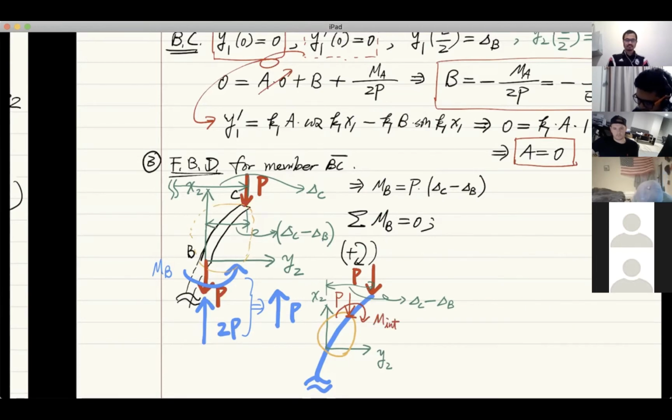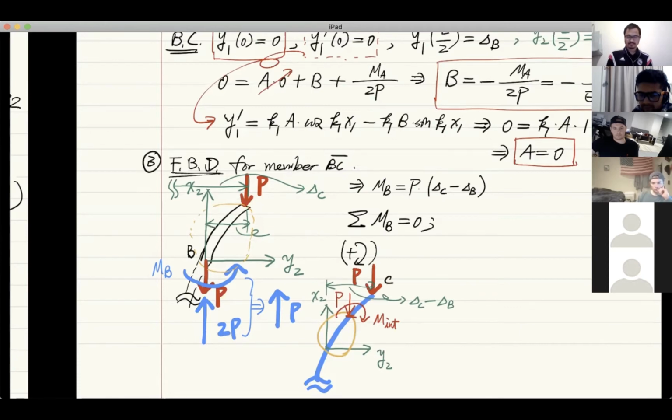Once again, we are not looking at the whole thing, which is between point B and point C. So here I should not call it point C, because this point is not really point C. It's somewhere between. So the free body diagram was not properly established when I said this whole thing is point C minus point B. What I meant is that at the end, at point C, it will equal this value.